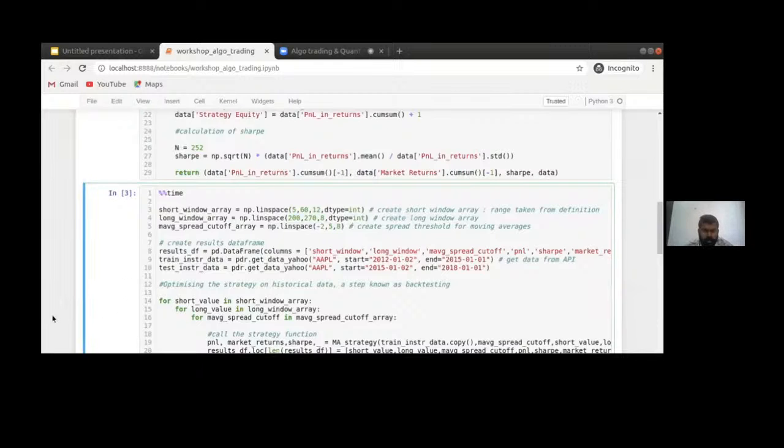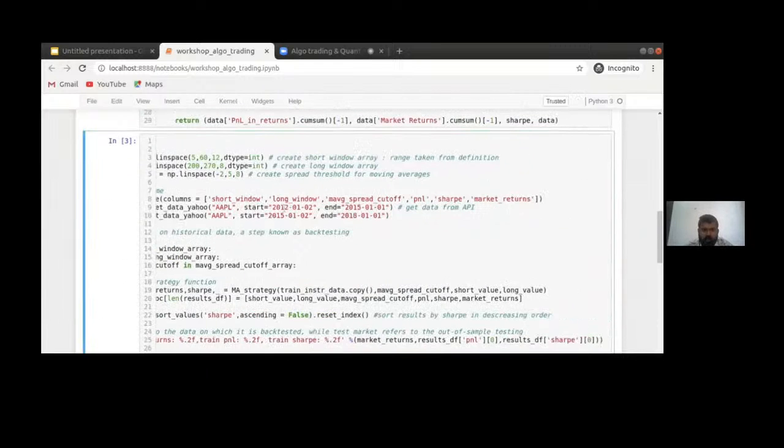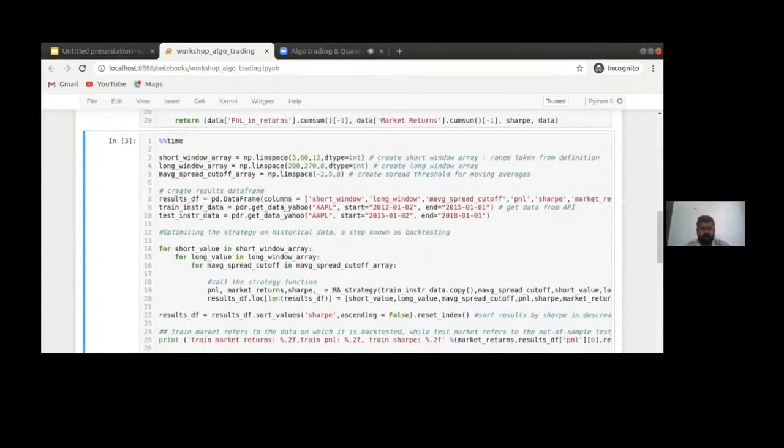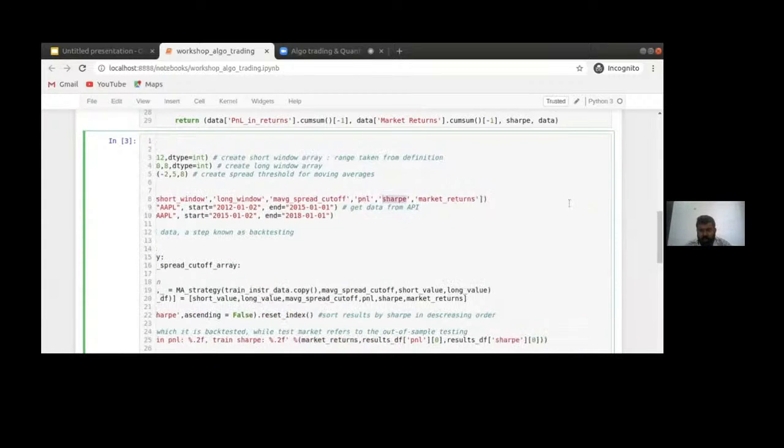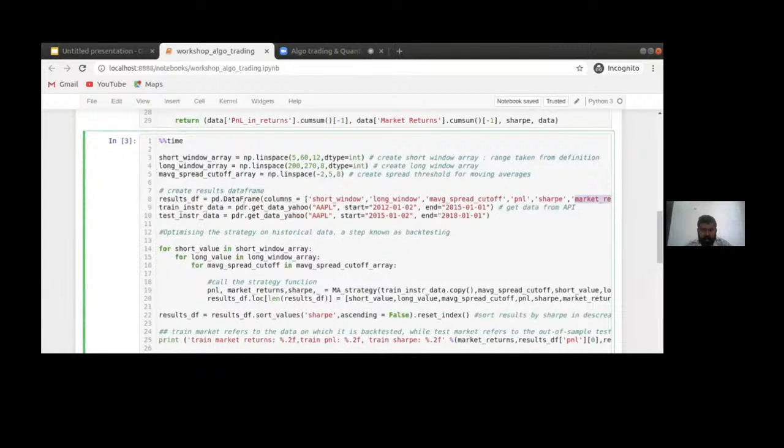Then I've created this data frame to store whatever values I get. This data frame will have columns for short window, long window, moving average spread cutoff, the PNL, Sharpe ratio, and market returns. And here I have called the library pandas data reader and created my training and test data.